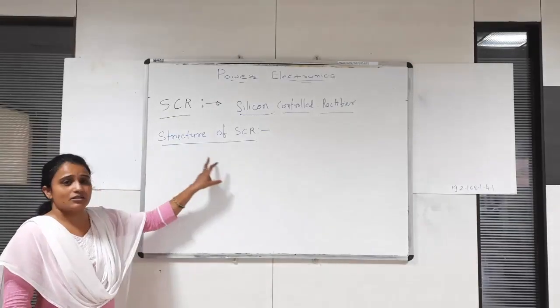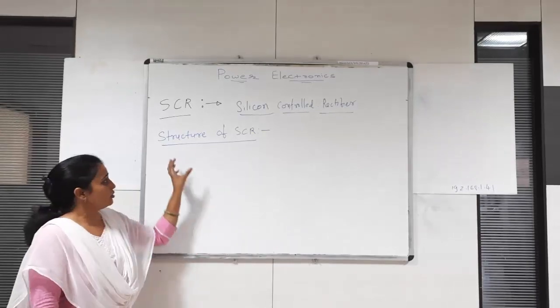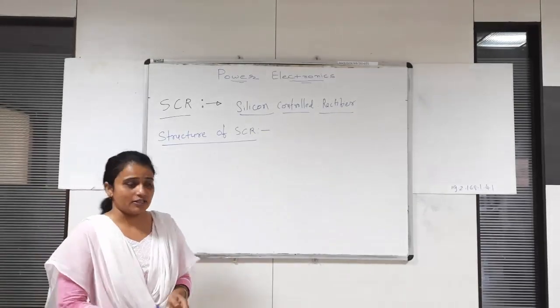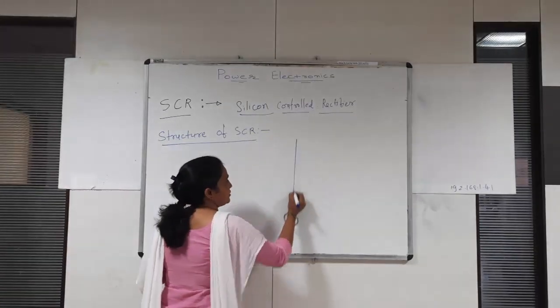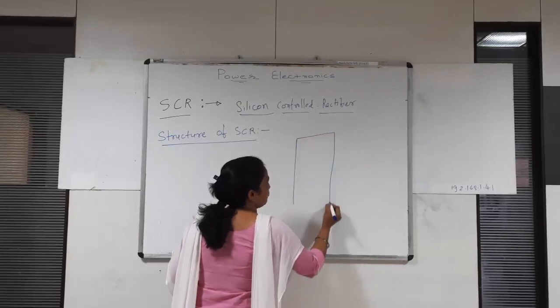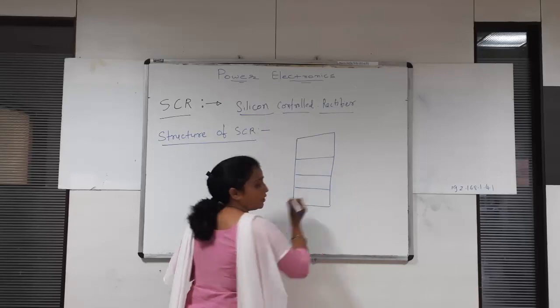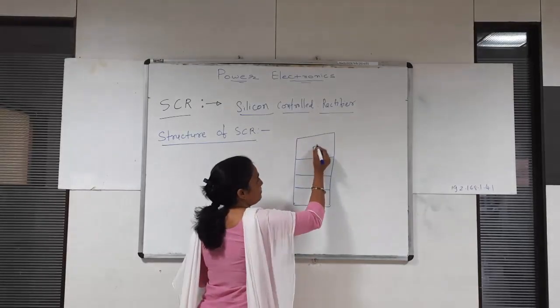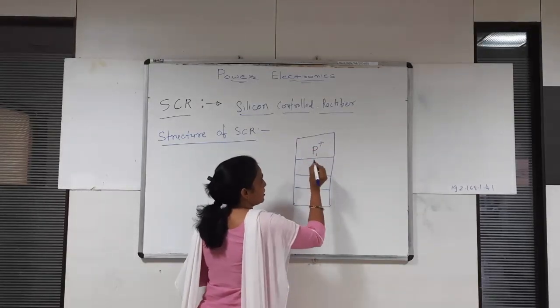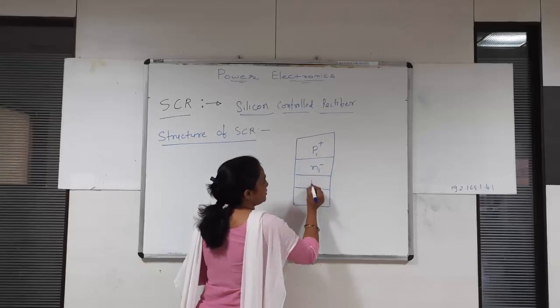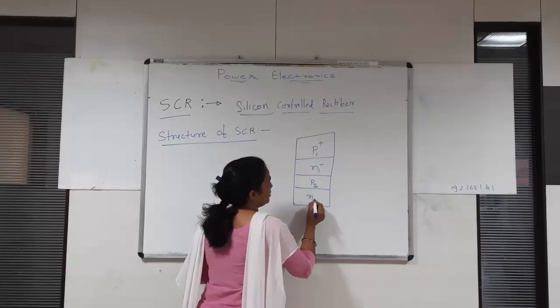Now the next topic is the structure of the SCR. SCR is a multi-layered device and the structure of the SCR is this way. It's a 4-layer device. So 1, 2, 3 and 4. And these are P1 plus, N1 minus, P2 and N2 plus.